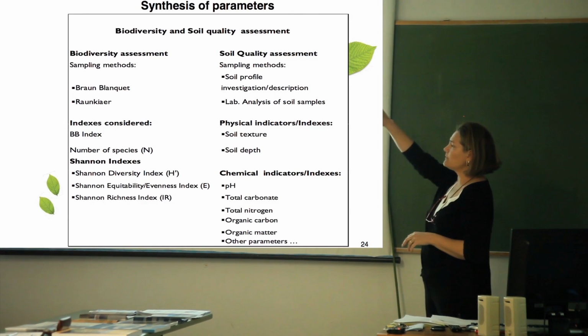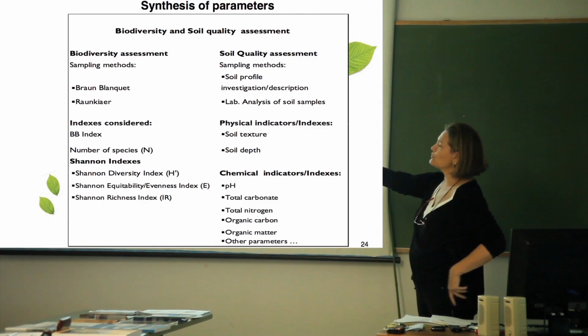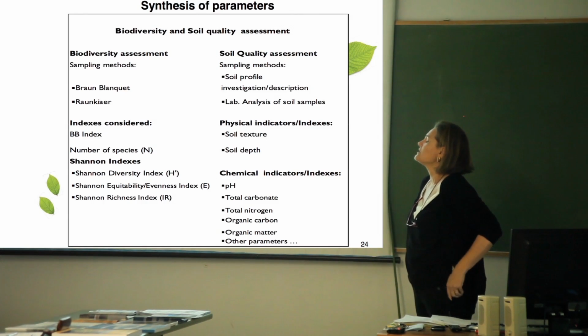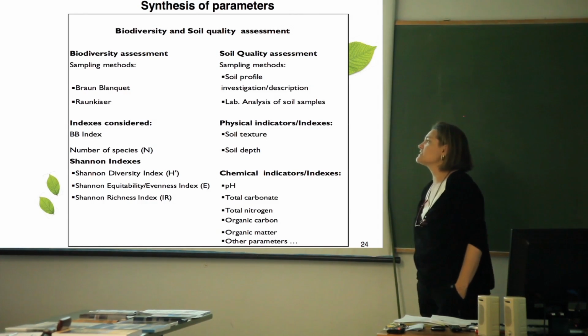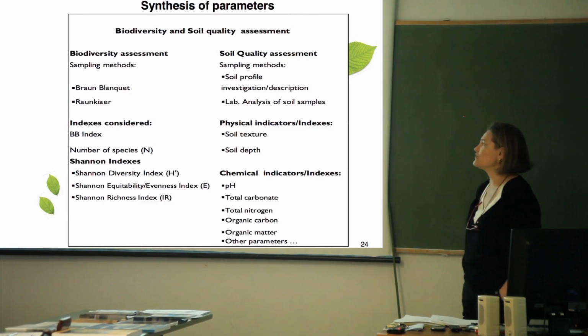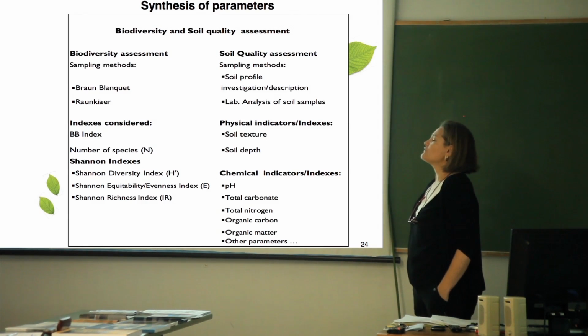After this kind of sampling method, we are used to calculating Shannon indexes, usually called indexes of diversity, that put into correlation different aspects.